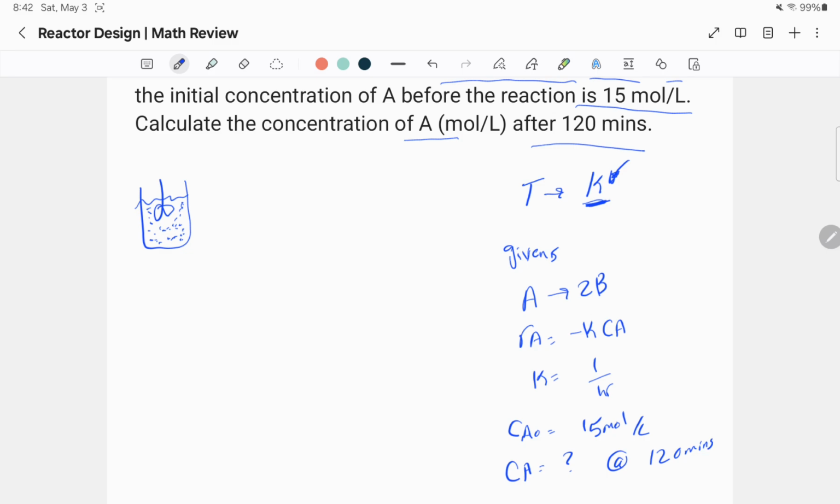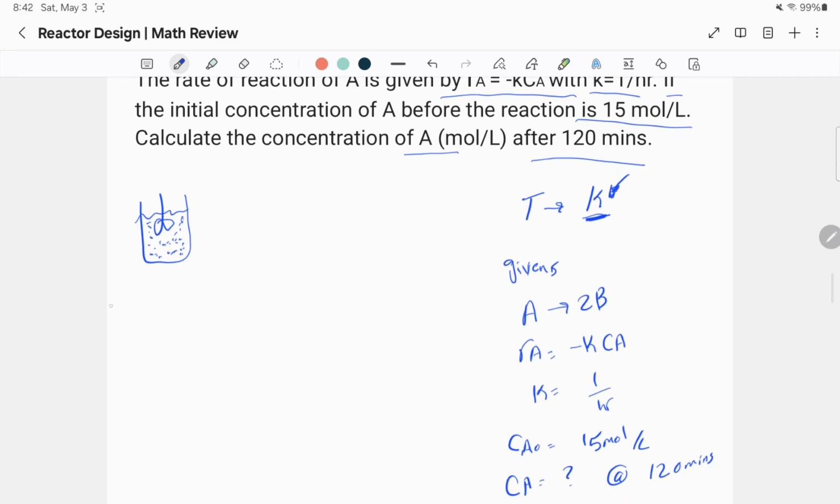Okay, so let's go ahead and start with our mole balance or material balance. Input minus output plus generation. In case there was a consumption, it will be minus consumption. Equals accumulation.